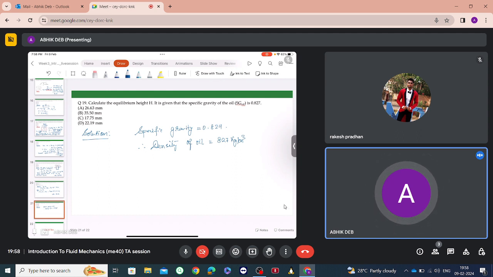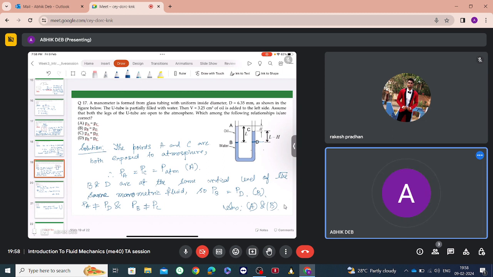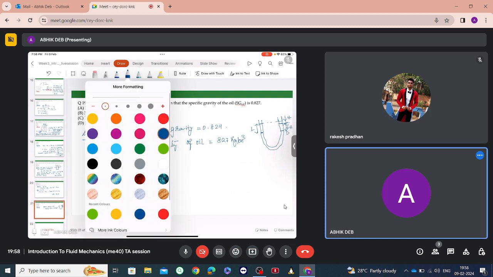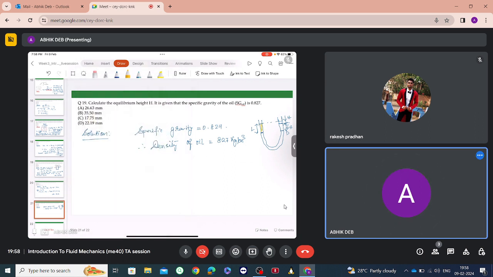If we draw the manometer again here, the point C, we actually have to determine this height H. Say this is oil and this is water.